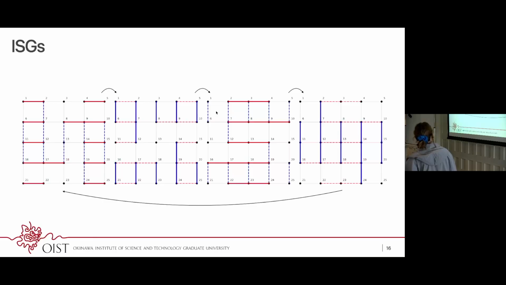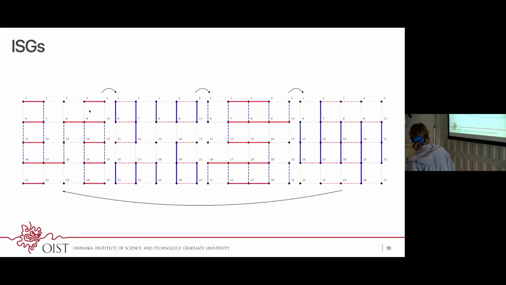The color is not that obvious, but the red highlighted area represents the X stabilizers, which go vertically, and the blue highlighted area represents the Z stabilizers, which go horizontally.